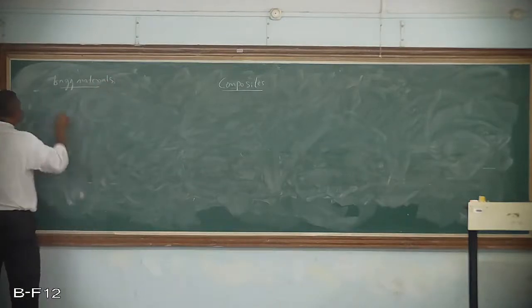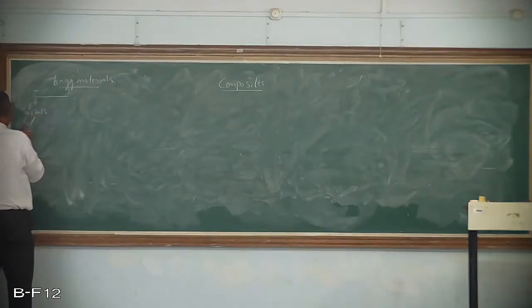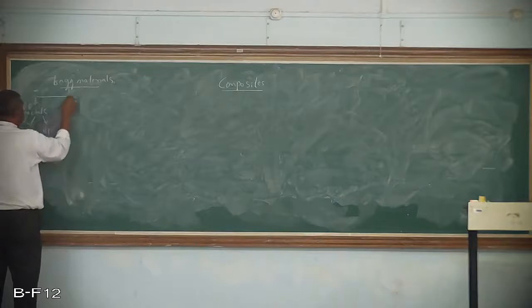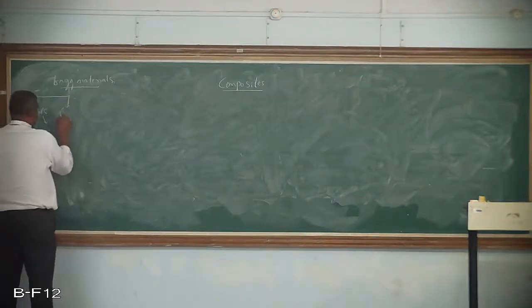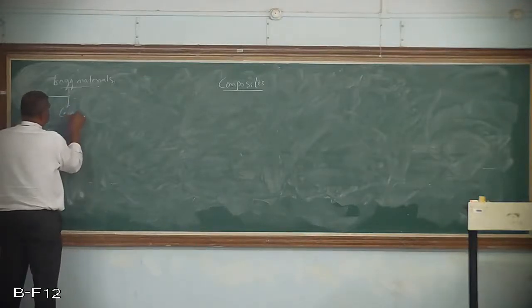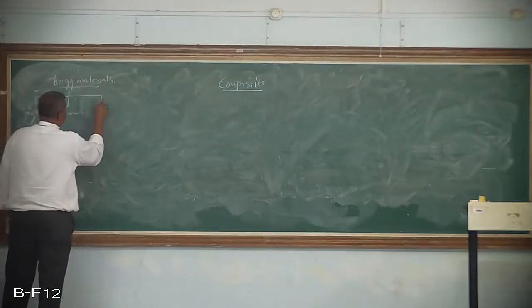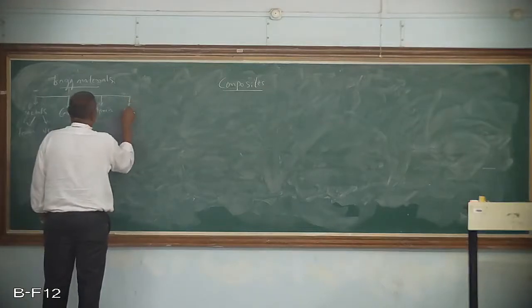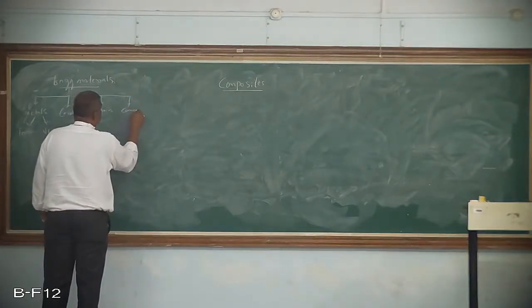Engineering materials were classified into metals, again in these metals, ferrous and non-ferrous; and non-metals: ceramics, polymers, composites.